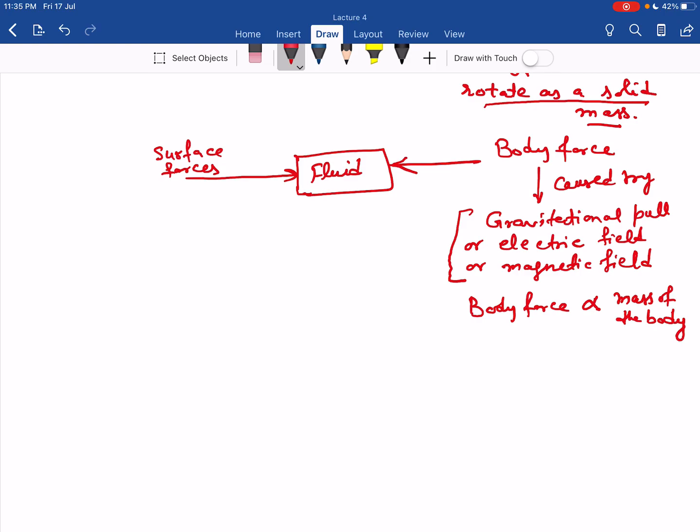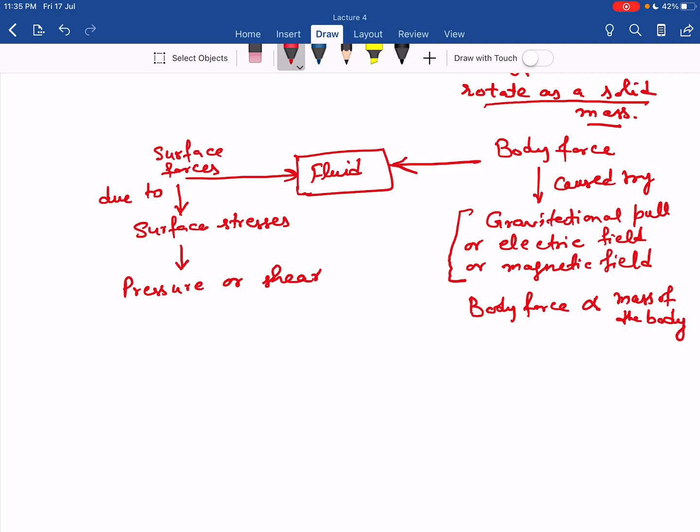Okay. Now these surface forces are due to the surface stresses. Now the surface stresses are either due to pressure or due to shear. Now when we talk about the fluid at rest, there is no relative motion between the fluid molecules.